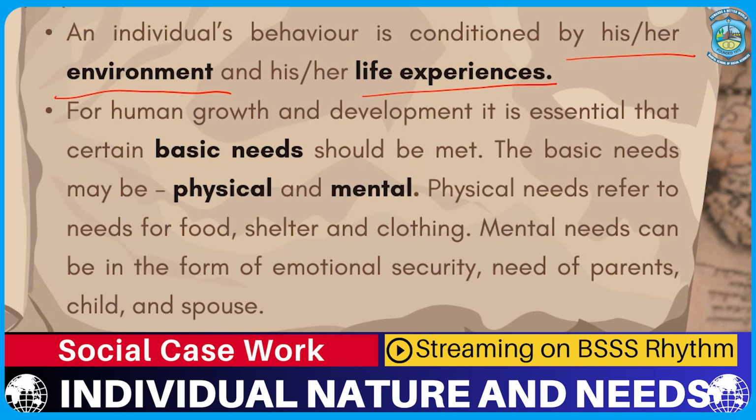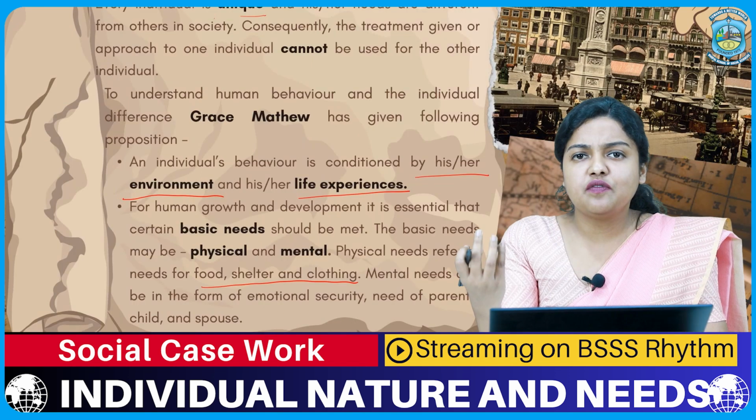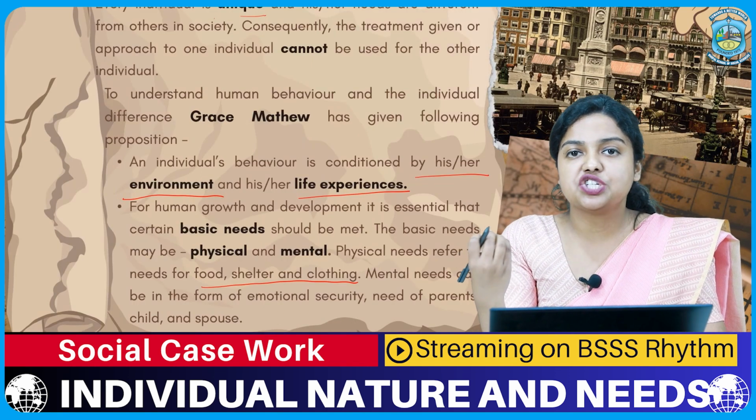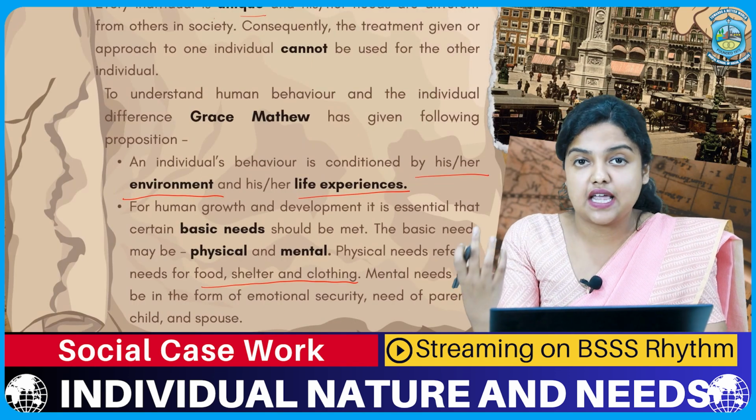Physical needs, we all know, are the basic needs: food, shelter, clothing. Then the mental needs can be in the form of emotional security, need of parents, child and spouse, someone we can rely on, share our feelings with, or who gives us emotional support.